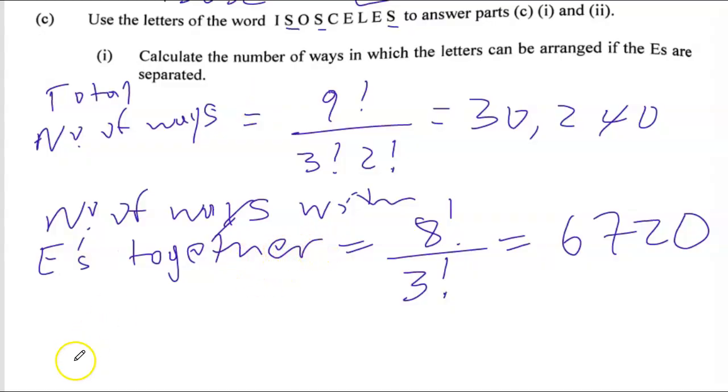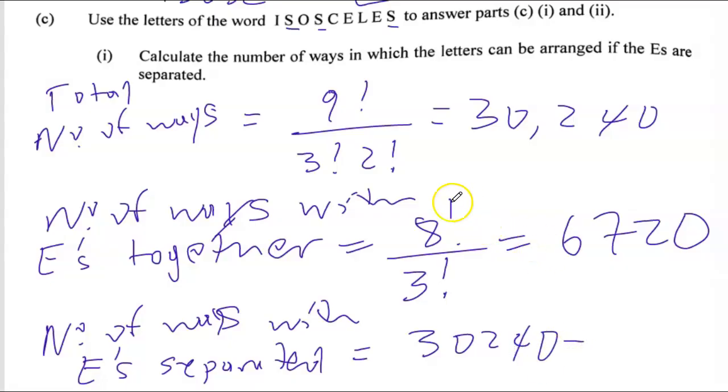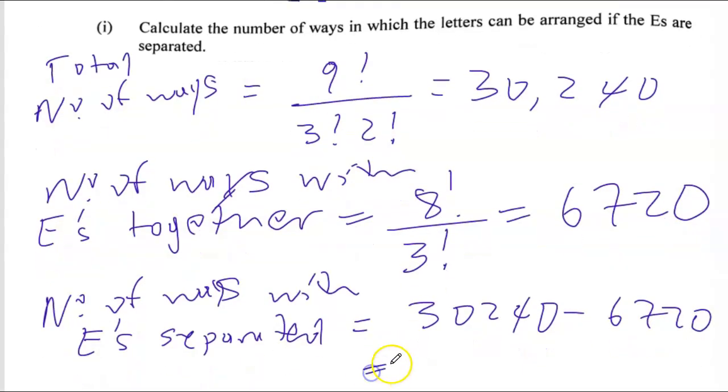To answer the question, the number of ways with the e's not together, so with the e's separated, is equal to the total number of ways minus the number of ways where we have the e's together. We subtract, and we get 23,520 ways.